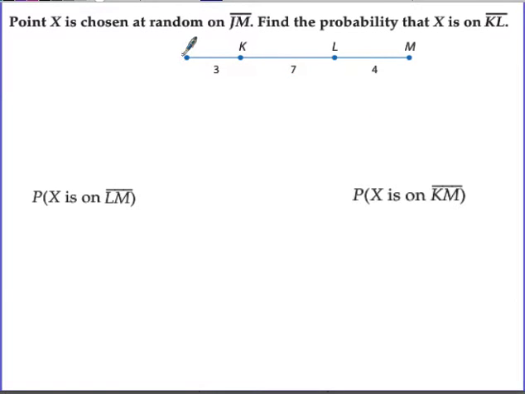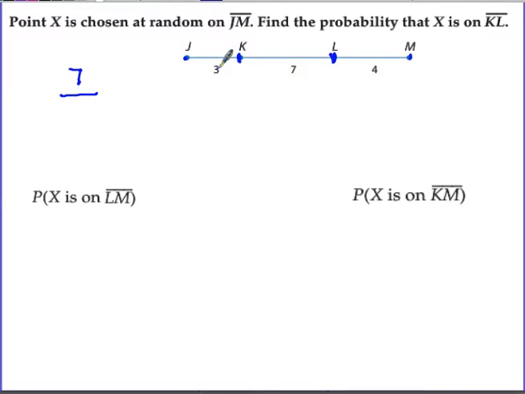We have line segment JM, and KL is contained on JM. So our first question, point X is chosen at random on JM. Find the probability that X is on KL. So we want to find the probability that of a random point chosen between J and M, the point falls between K and L. So we want to take, first of all, KL, that segment, and that length is 7, and then put it over the total line segment.